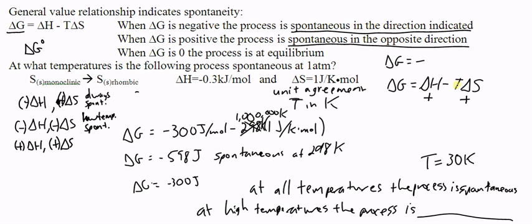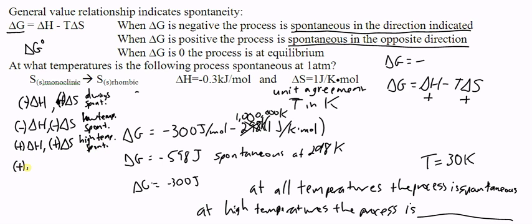But as the temperature starts to increase, this term starts to outweigh the enthalpy term. The entropy piece outweighs the enthalpy piece, and the subtraction doesn't change over, and so it starts getting more and more negative, and so at high temperatures, that's what's going to help that term win out. It will be spontaneous in the direction shown.